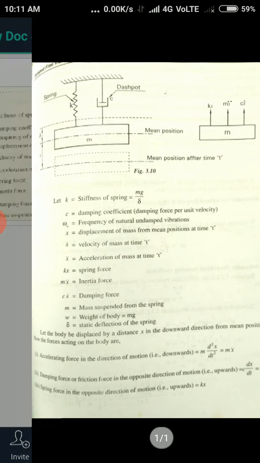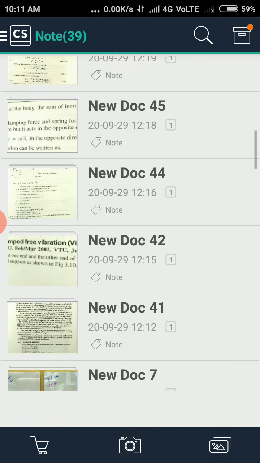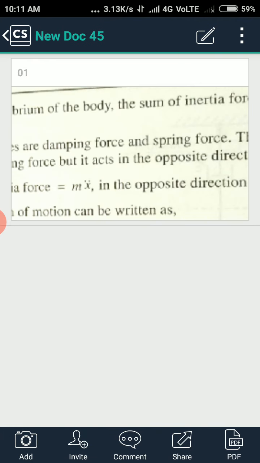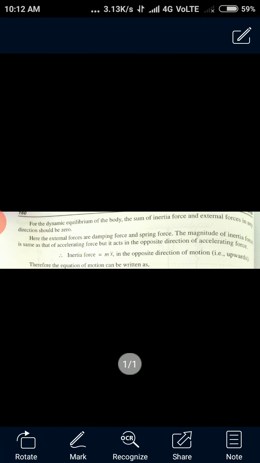That is c into dx by dt, that is c into x dot. The third one, the spring force, is again in the opposite direction of the motion, acting upward, that is k into x. So these three are the forces acting on the body when it is subjected to vibrations.